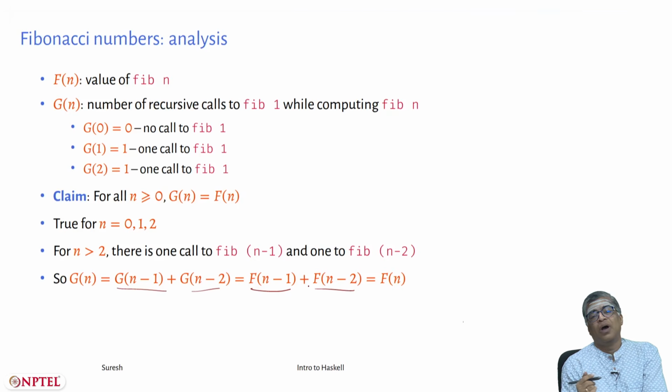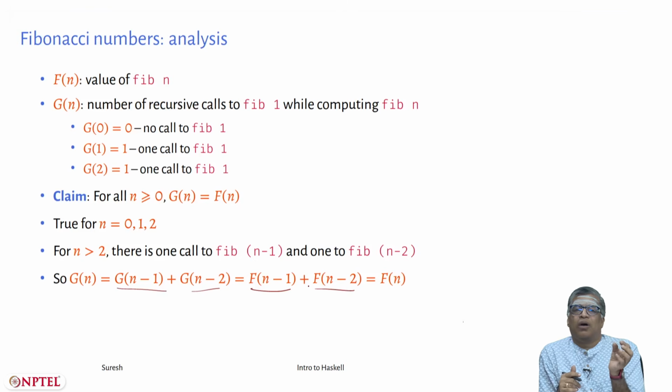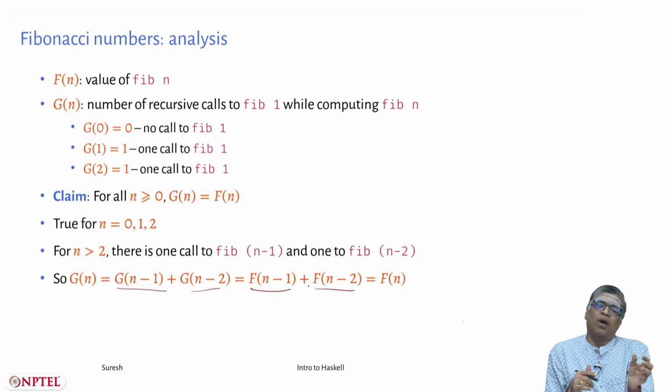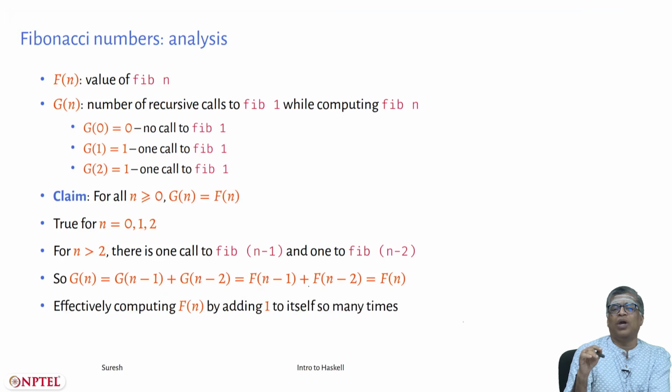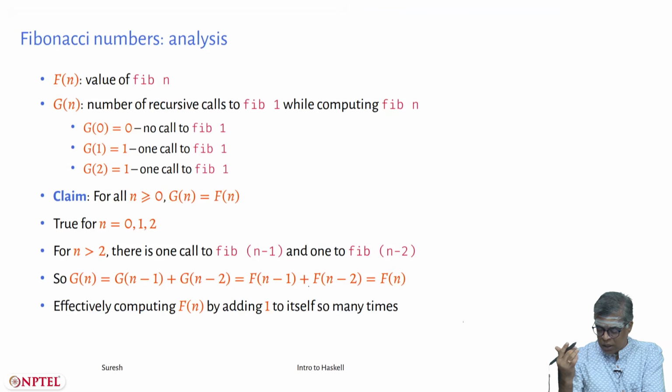So, now you know that in this computation of fib of n, eventually you go all the way down to fib of 1 and you keep adding. Okay, that is what is happening. Effectively you are computing f of n by adding 1 to itself f of n many times. Okay, and so it takes that many number of additions also.